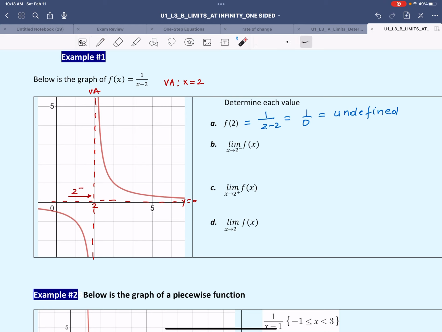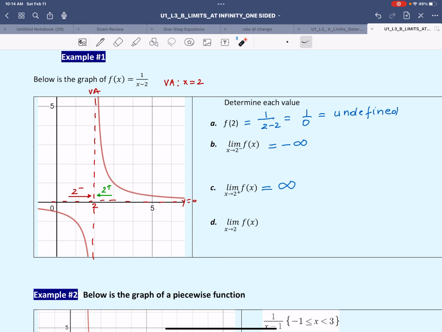And as we approach 2 from the left-hand side, you see that the closer we get to number 2 on the left side of it, the further down the y values go, or we're going to say that the y values will approach negative infinity. When x approaches 2 from the right-hand side of it, we see that the values of y will approach positive infinity because they increase faster and faster the closer we get to x equals 2 on the right side of it, so positive infinity.